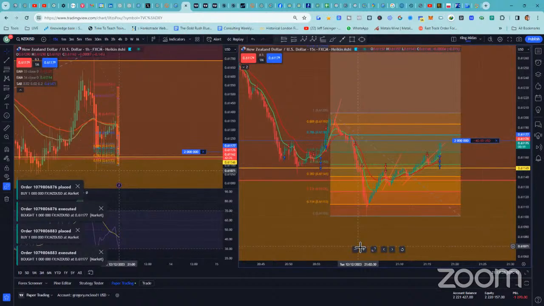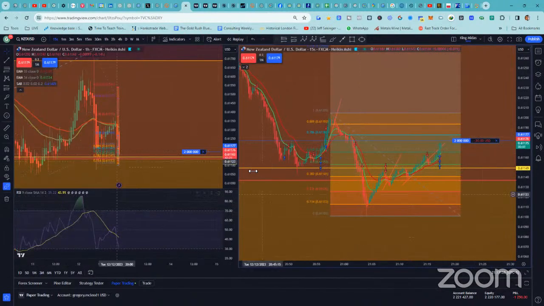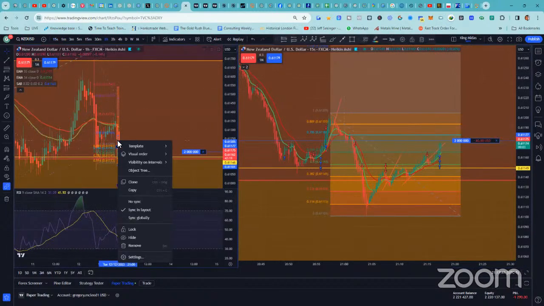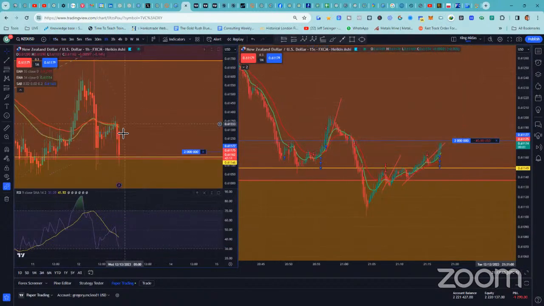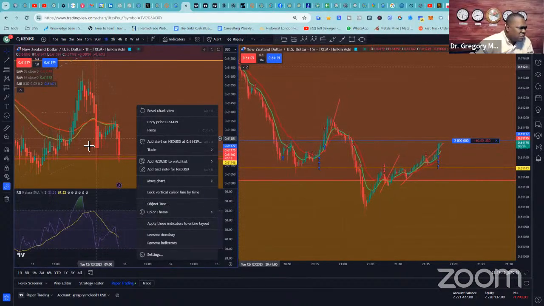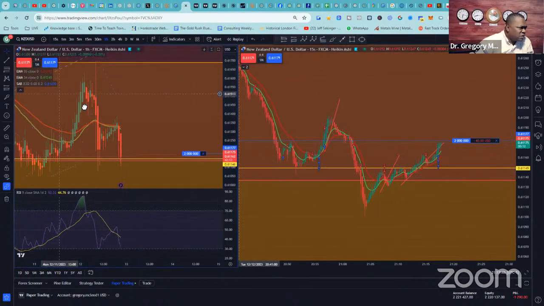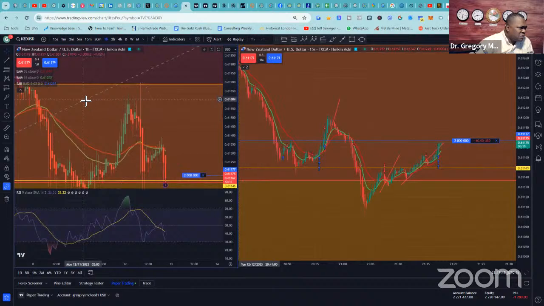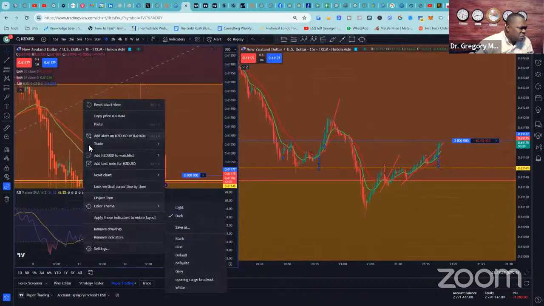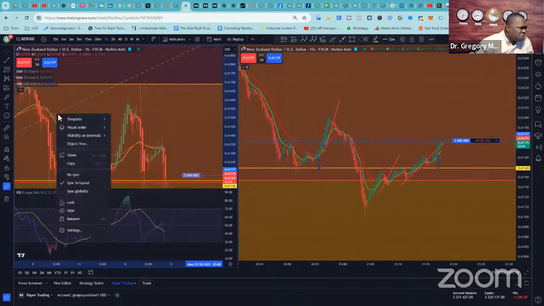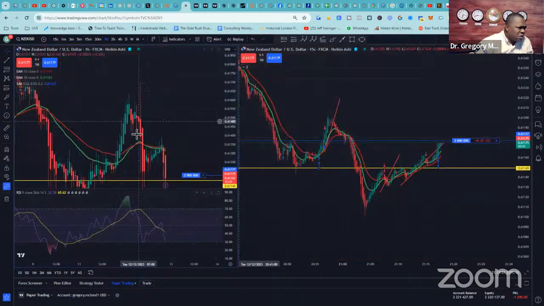I have my stop loss at 0.61203. Okay. We got it. There we go.